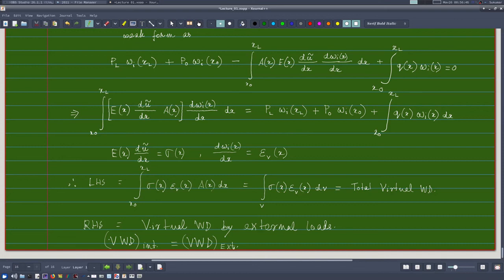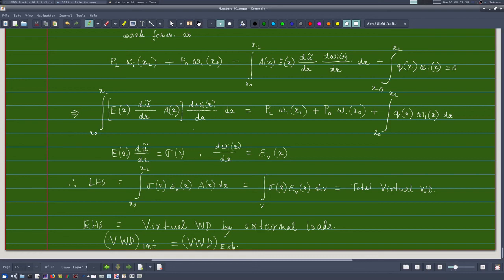So here again we see that these virtual displacements, which are weighing functions, must fulfill the essential boundary conditions. So that way the weighted residual method is interpreted as basically the principle of virtual work, which is extensively used in structural mechanics, and that's why Galerkin's weighted residual method is one of the important and extensively used methods for formulating finite elements.